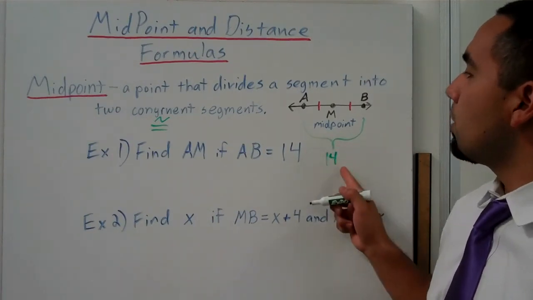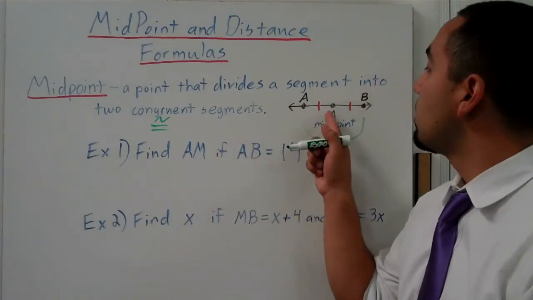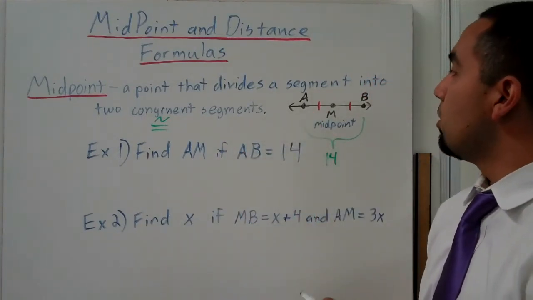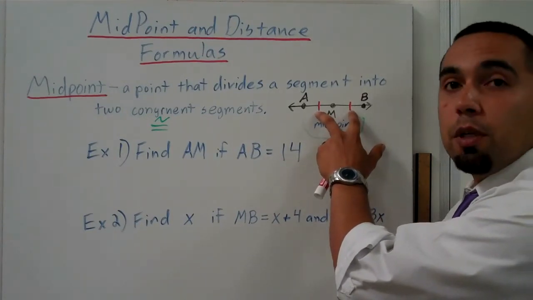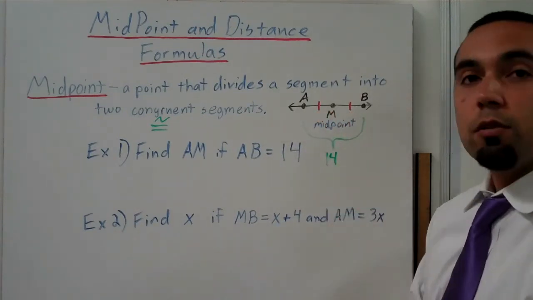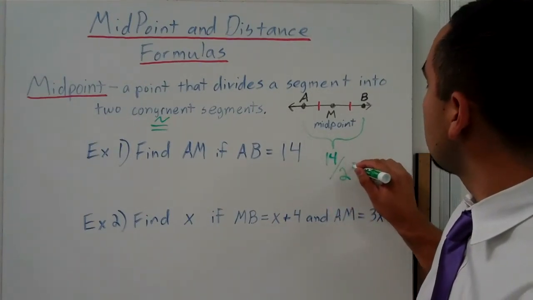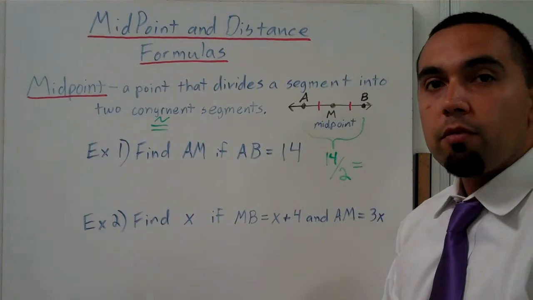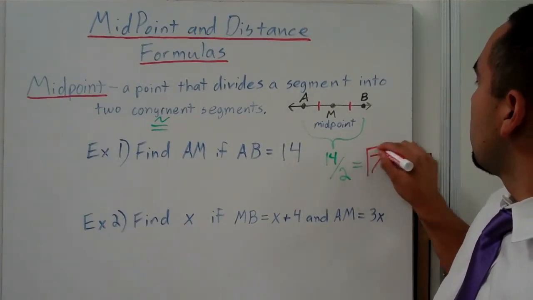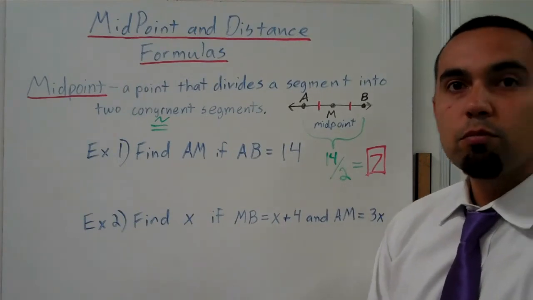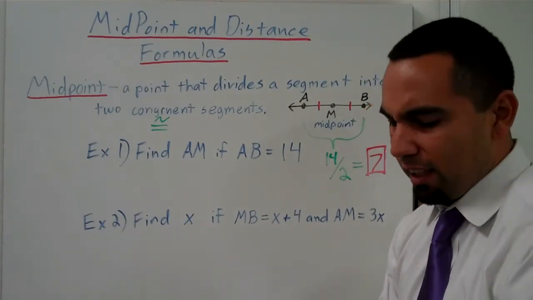And if the whole thing is 14, and we just want to find AM, this little piece, the midpoint's cutting the whole thing into two equal pieces, so all I have to do is take my 14 and divide by 2. So 14 divided by 2, we know that AM is equal to 7, right? Pretty easy.